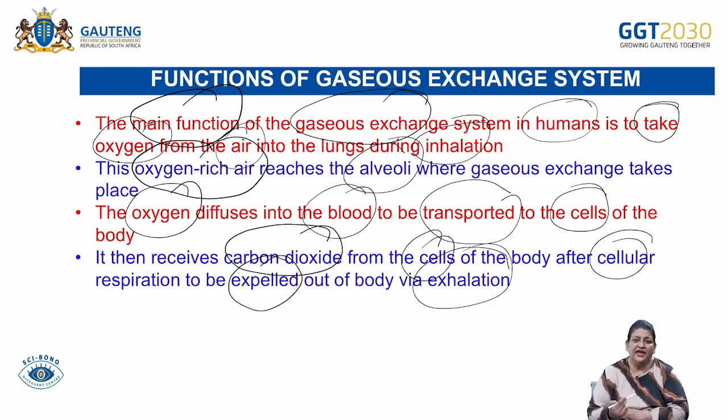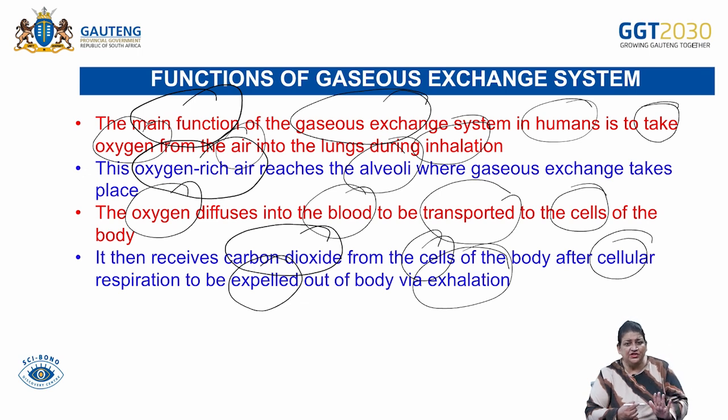So the function of the gaseous exchange system is to take in air with oxygen from the outside at high pressure to the lungs, and in the lungs going to the alveoli. From there, the oxygen must go from the alveolus to the blood, which must take the oxygen to the cells for respiration. After respiration, in the mitochondria of the cells, carbon dioxide is given off because of the breakdown of glucose.